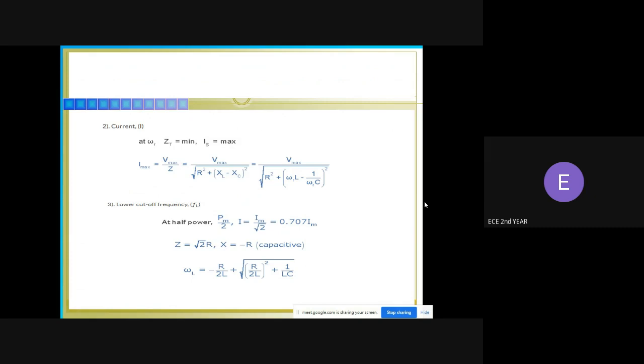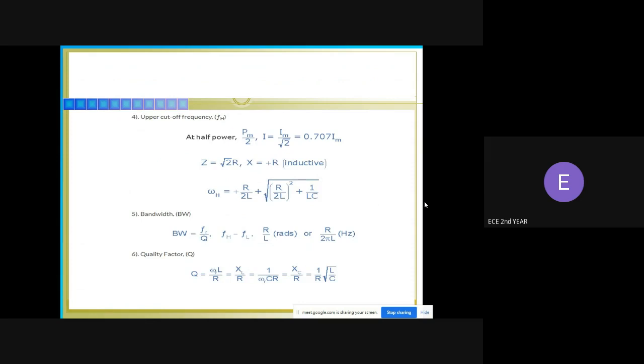What about the relationship with current? Imax equal to maximum voltage divided by root of R square plus (omega L minus 1 by omega C) the whole square. For the cutoff frequencies, we have two half-power frequencies, where power is Pmax divided by 2. For Im divided by root 2, we get half of the power, so 0.707 Im.